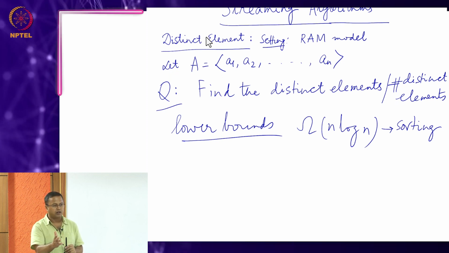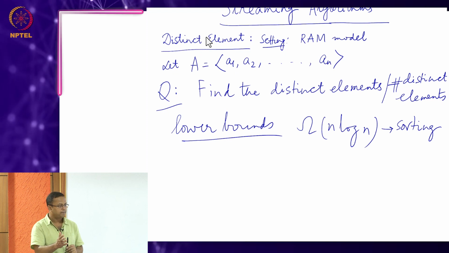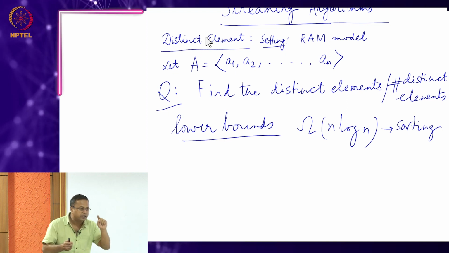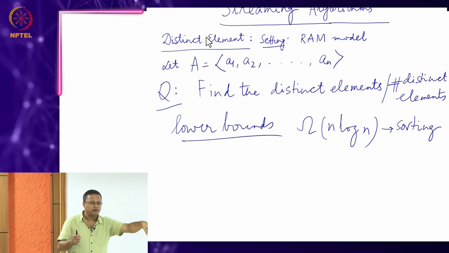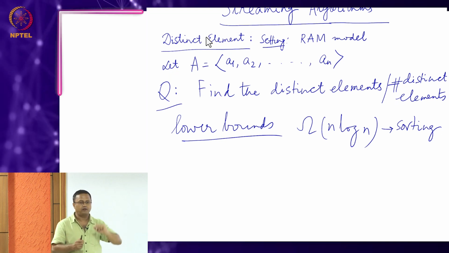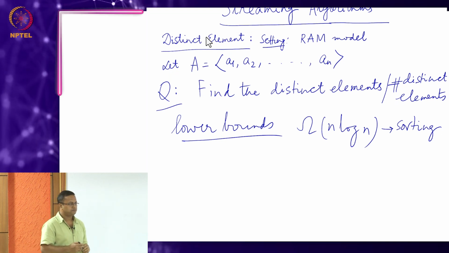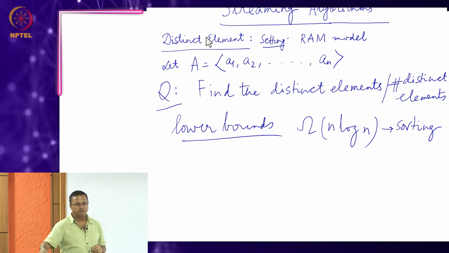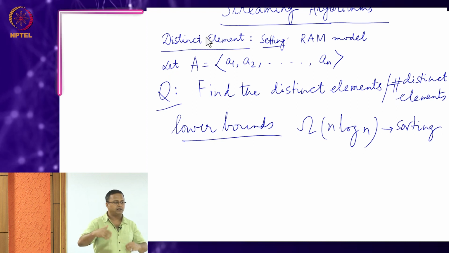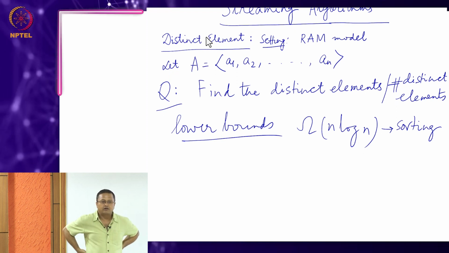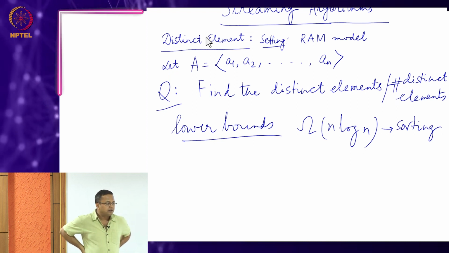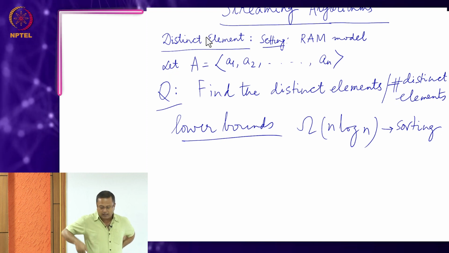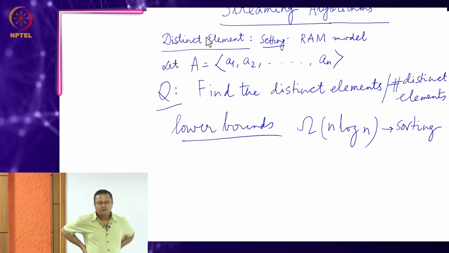You sort, you are done. But think of the same problem on this network router model. You have probably 1 million, 10 million packets going through this router in a day, and if you want to apply this algorithm, then you have to sort.